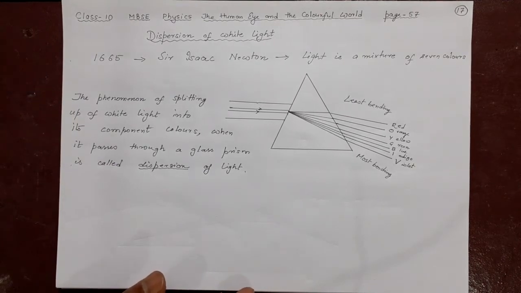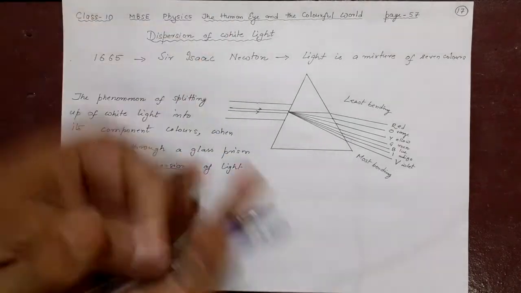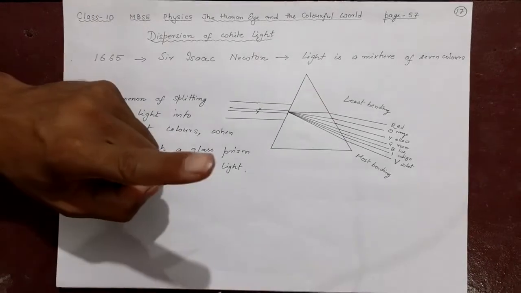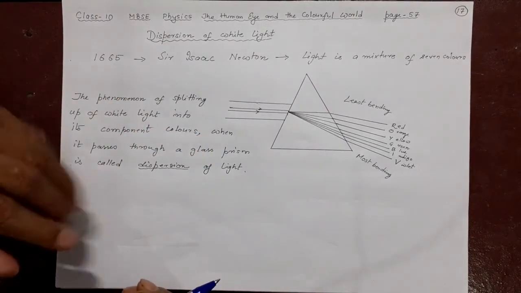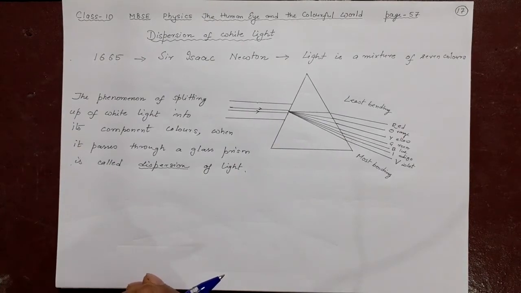So you have to understand that white light actually has 7 different colors in it, but when mixed together you see only one white light. When passed through a glass prism, you see 7 different colors. In scientific language, colors are wavelengths.